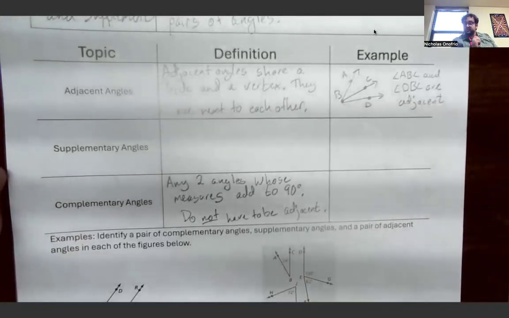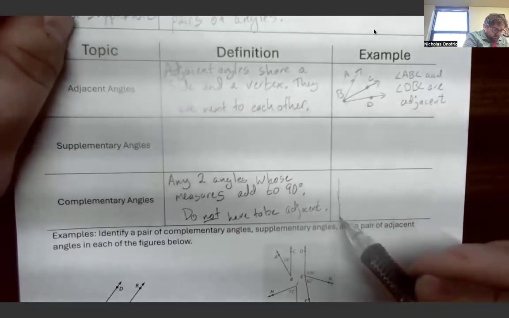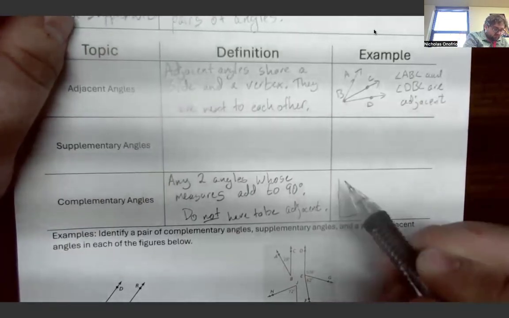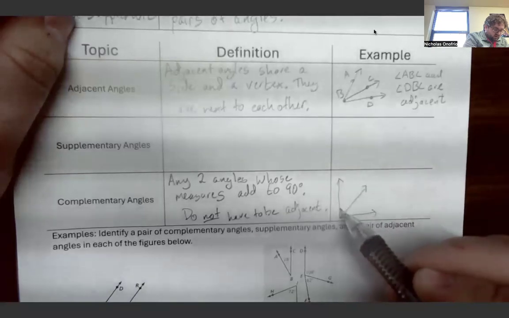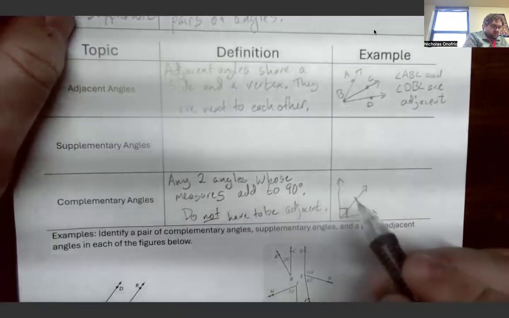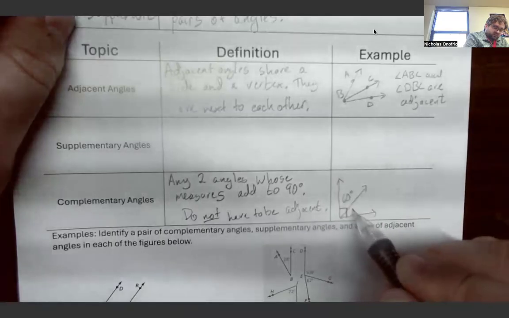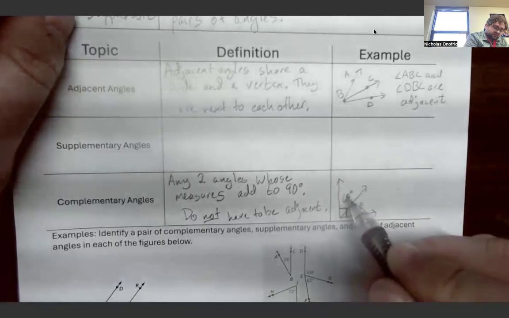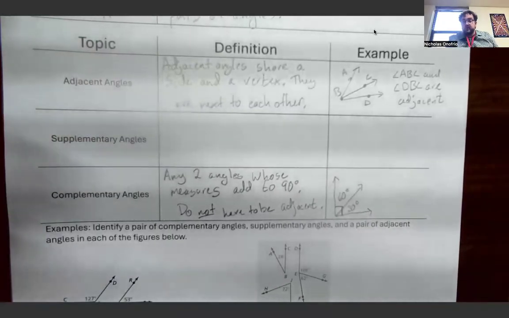I'll give you a couple examples of complementary angles. First, we'll look at a pair of adjacent complementaries. So we've got our traditional right angle, which we mark with our little square. If we give them measures, we could say this one's 60 degrees, and then this one would be 30. 60 plus 30 equals 90. So my two angles would be complementary.